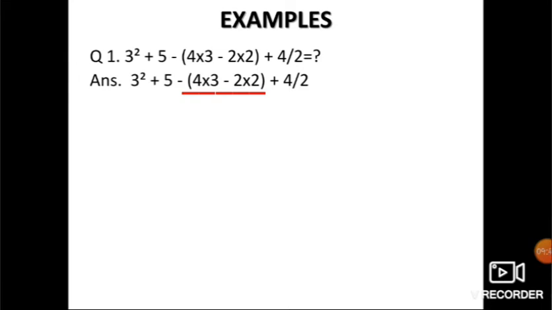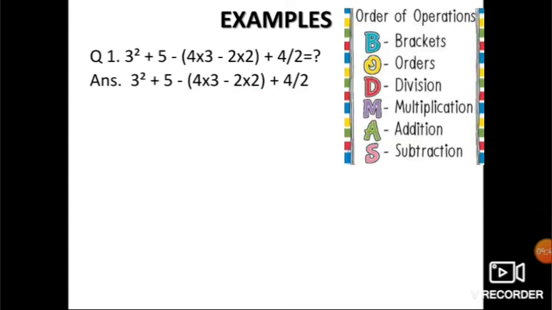So we have two sets of operations, that is multiplication and subtraction. In the BODMAS rule, multiplication comes before subtraction. So we have to multiply what is inside this bracket, that is 4 into 3. 4 into 3 gives 12 and 2 into 2 gives 4.